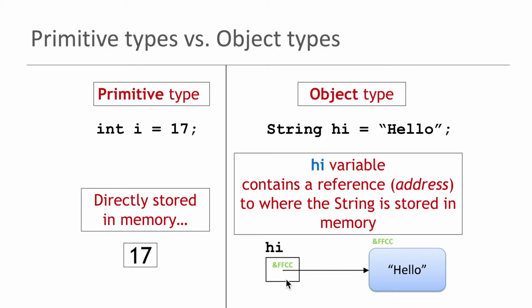So the hi variable is the address of where the string is stored. Okay, so if you've come from another language, it's effectively a pointer. So the variable just needs to store the pointer to where the actual value is stored in memory. So that's a subtle difference there.